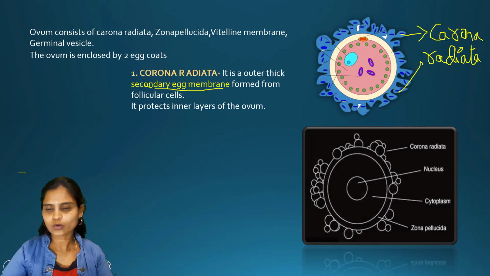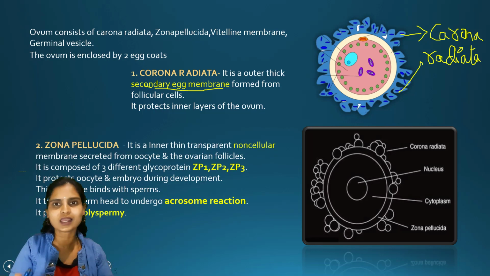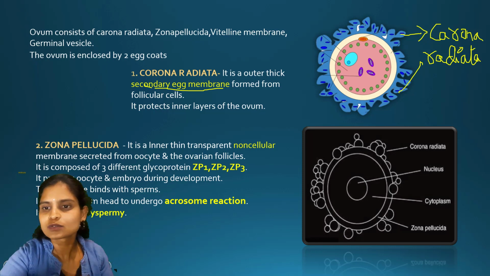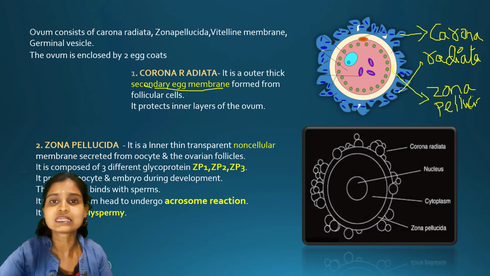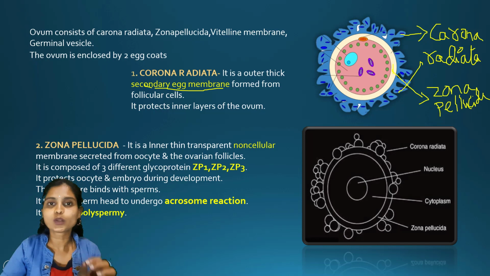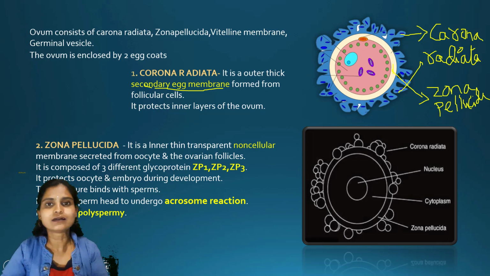Next, the layer inner to the corona radiata is the zona pellucida. This is the zona pellucida, a cream-like structure. One more important thing to remember is that it is a non-cellular layer, meaning the layer is not made up of cells.